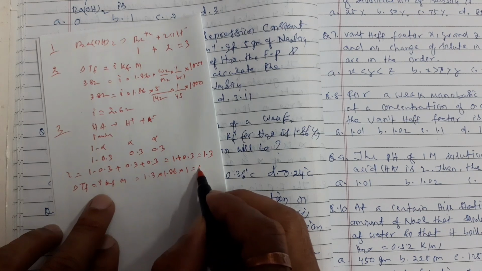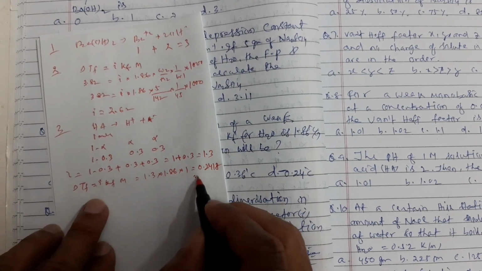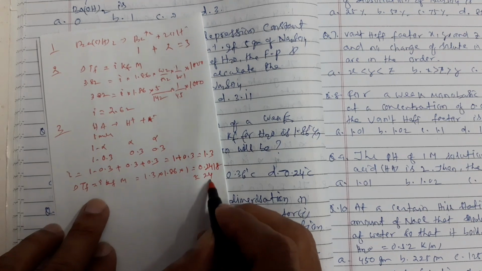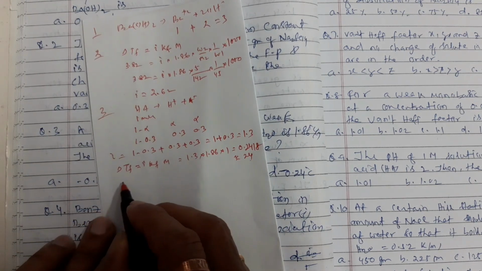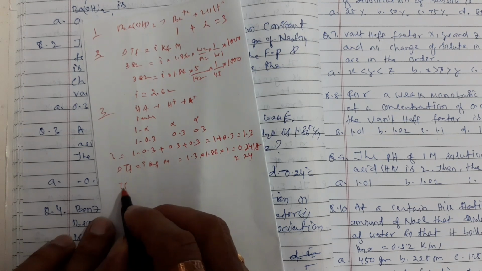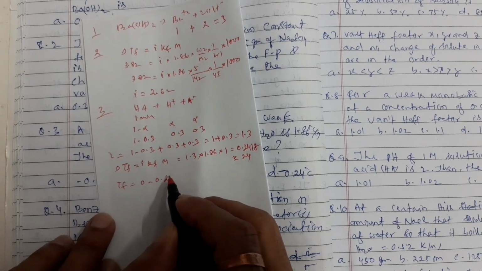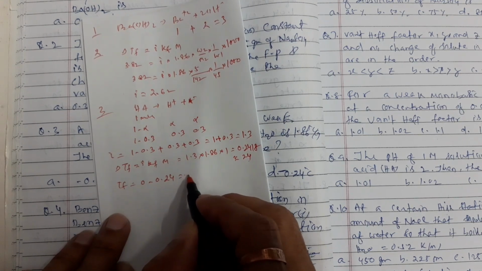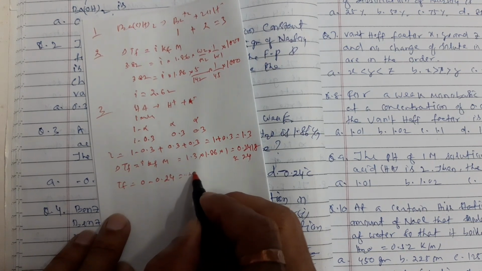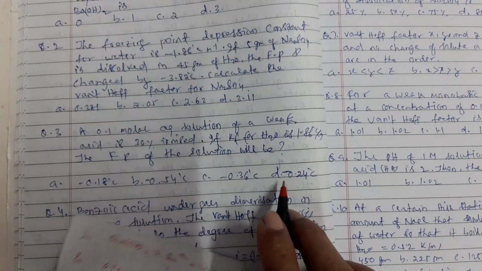By solving you will get 0.2418, which is approximately 0.24. So Tf is equal to 0 minus 0.24, that is minus 0.24. So the answer D is the correct answer.